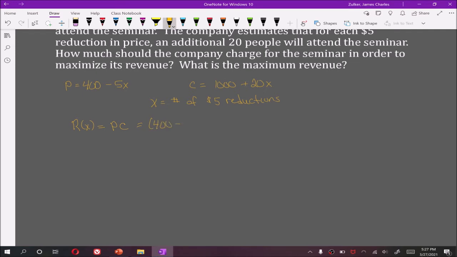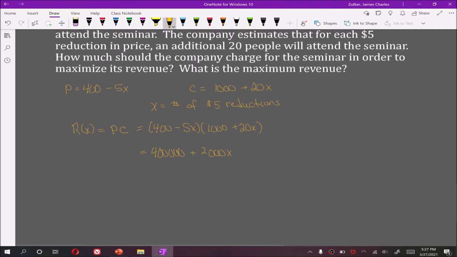So this will be 400 minus 5x times 1,000 plus 20x, which equals 400,000 plus 8,000x minus 5,000x, so actually 400,000 plus 3,000x minus 100x squared.